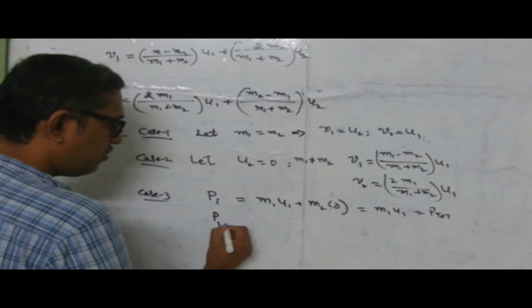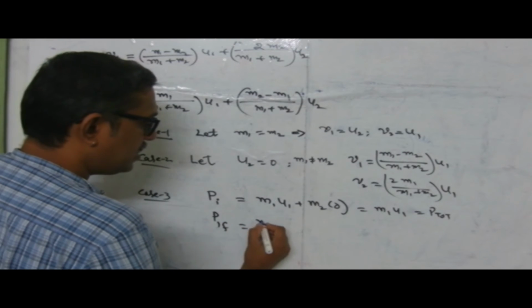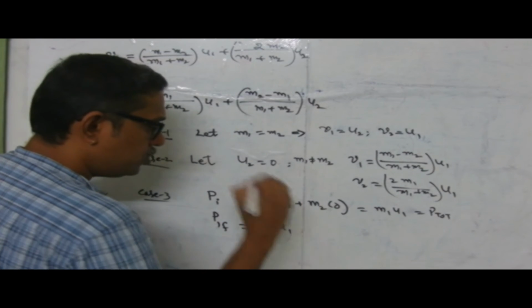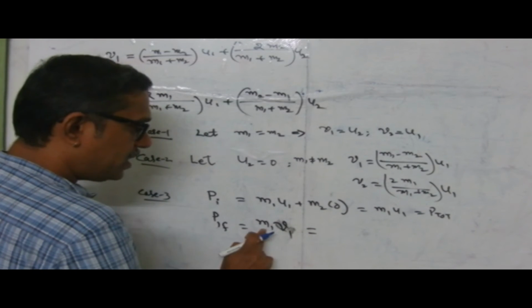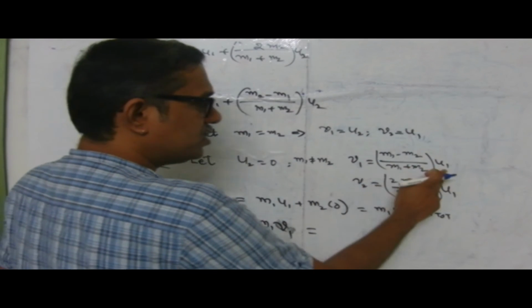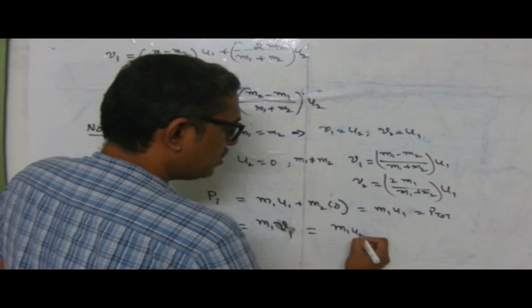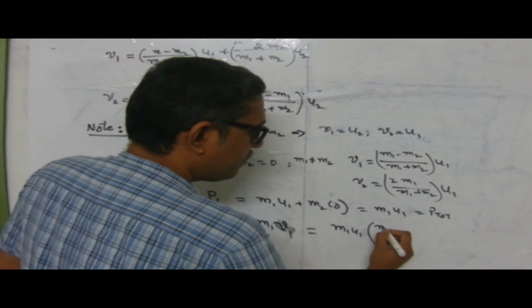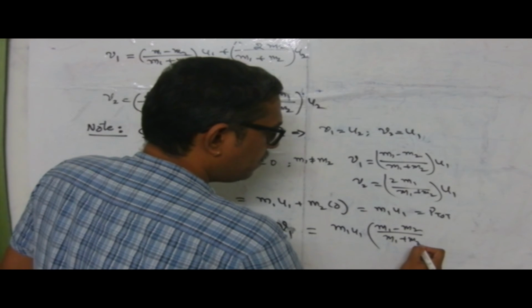What is the final momentum of the first object? Final momentum is m1 into v1. What is v1? This one only. Therefore you can write m1 u1 times (m1 minus m2) by (m1 plus m2).